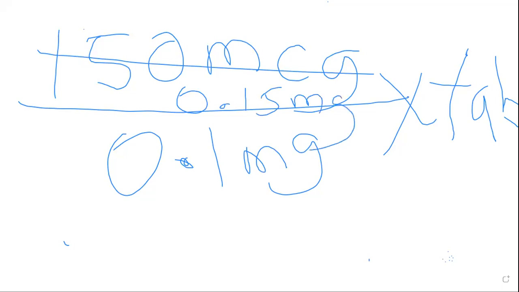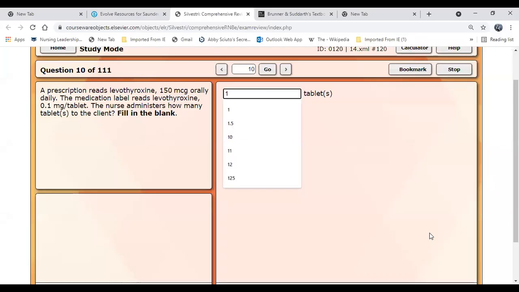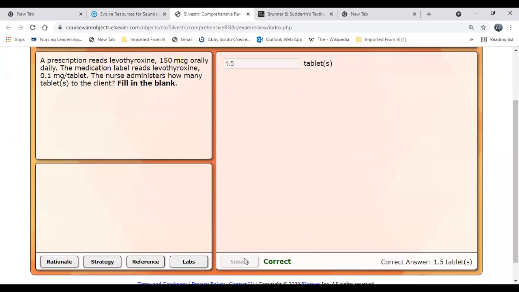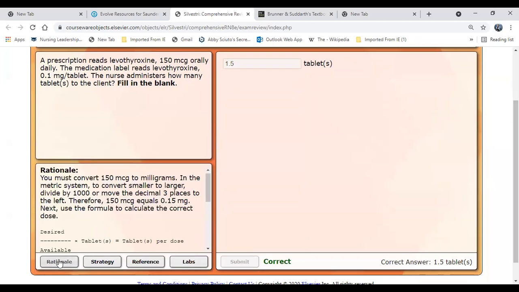Take that 0.15 milligrams and divide it by 0.1, and you should get 1.5 caps. Okay, and there is your rationale.